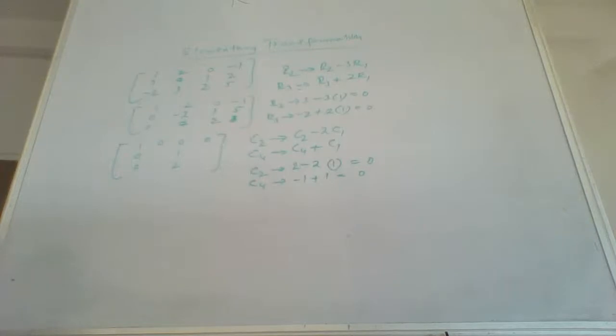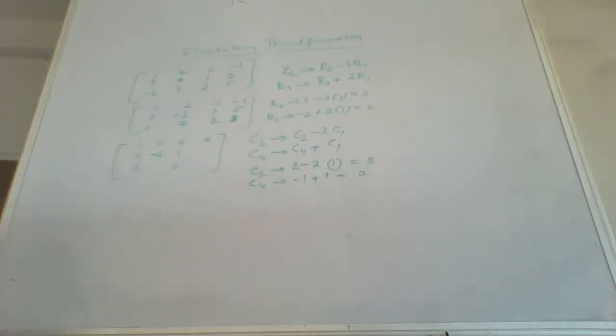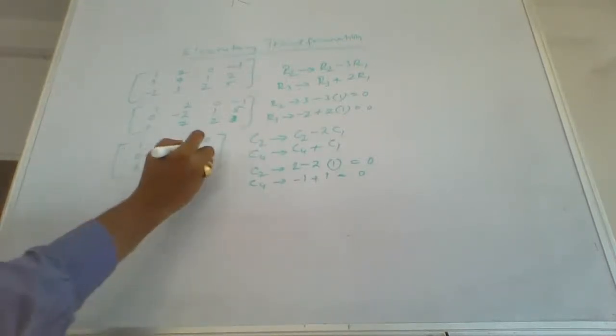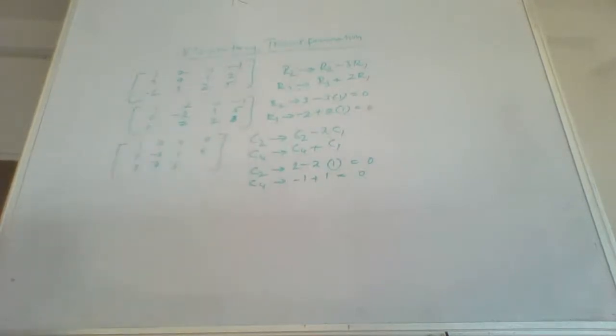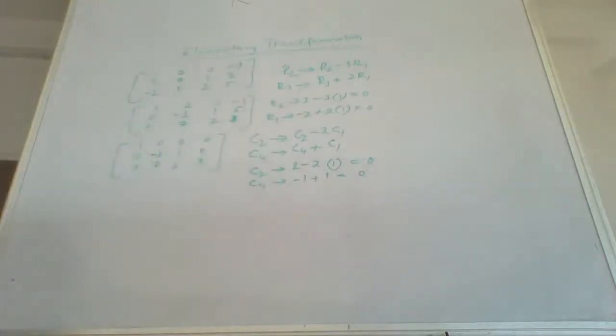So I get this as minus 2 and this as 7. Please check the values, and I'll get this as 5 and this is 3.